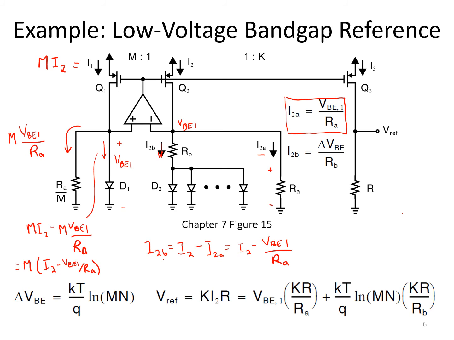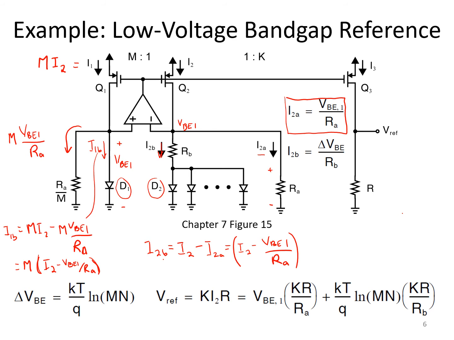So you'll notice this is precisely the same term here. So the current I2B is M times smaller than this current. Let's label this I1B, which means that there's M times more current flowing through D1 than through D2.